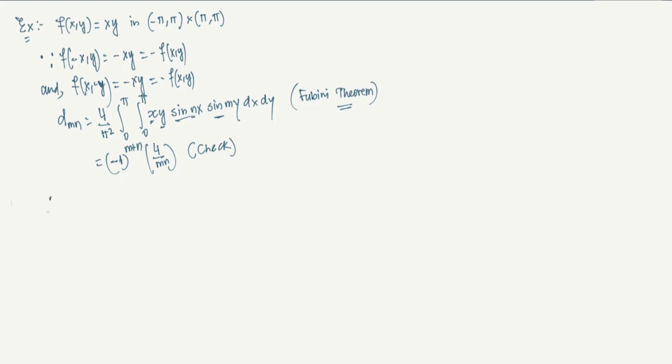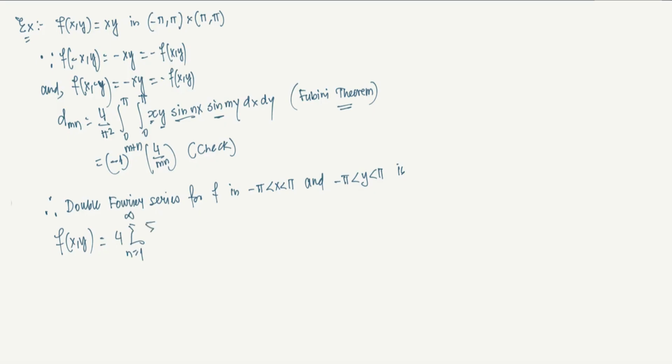Okay, right? So therefore, what will be the double Fourier series? The double Fourier series for f, with x and y between minus pi and pi, is f(x, y), which in our case is xy, equals 4 times the summation n equals 1 to infinity, summation m equals 1 to infinity, of (-1)^(m+n), and then sin nx sin my divided by mn.